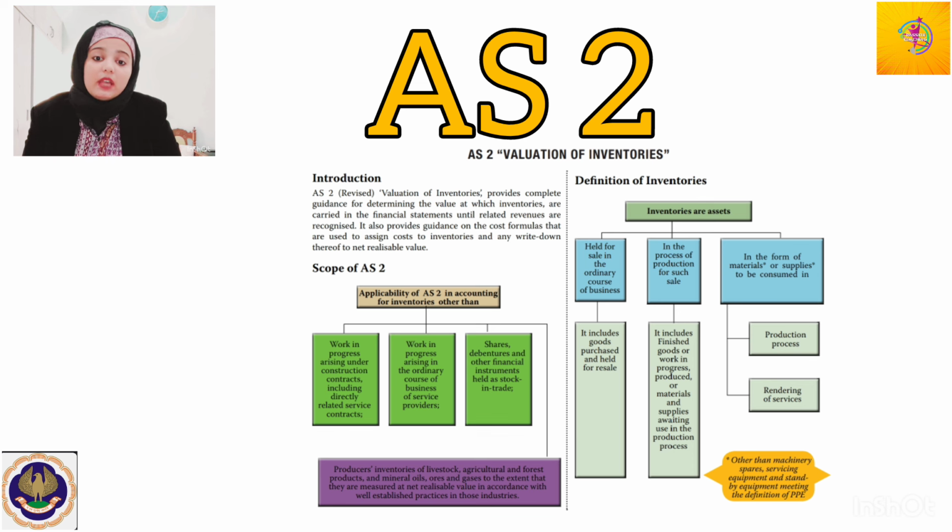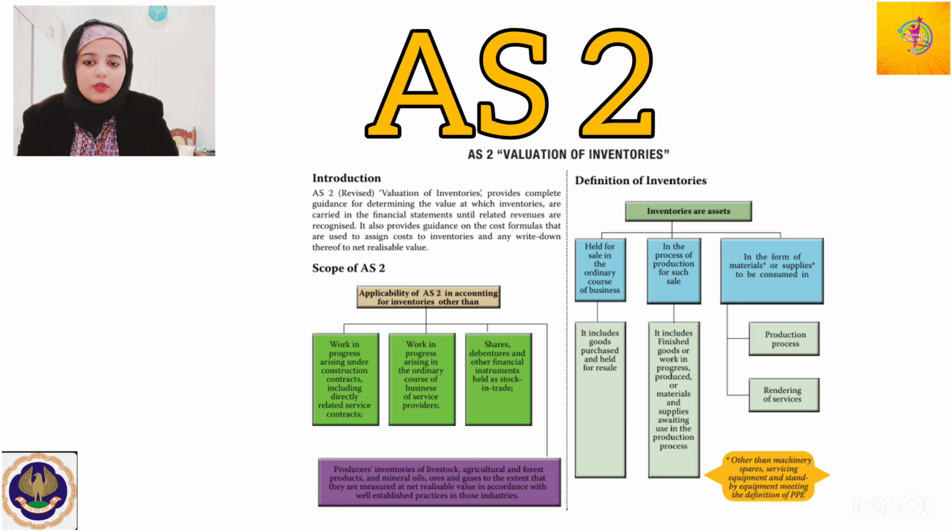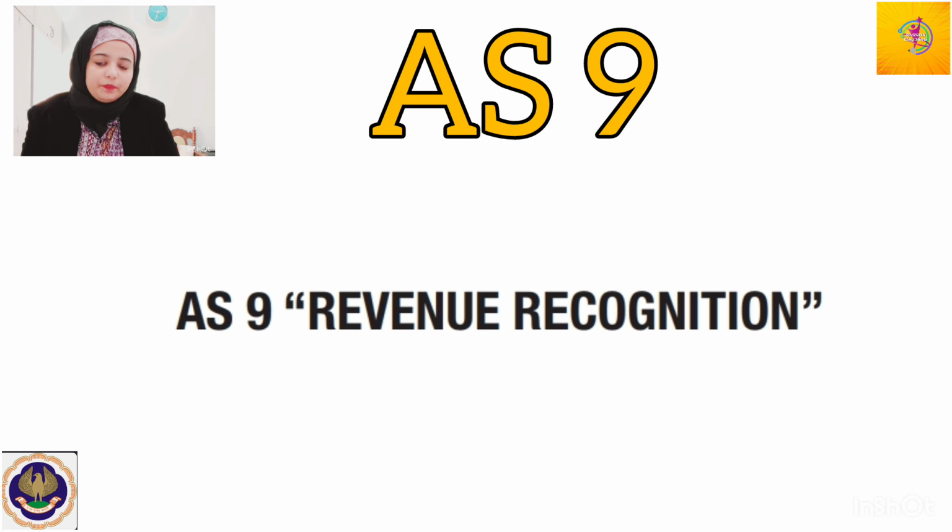This standard guides businesses on how to measure and value their inventories. It ensures that inventory is valued at the lower of cost or net realizable value, making the financial statements more accurate.